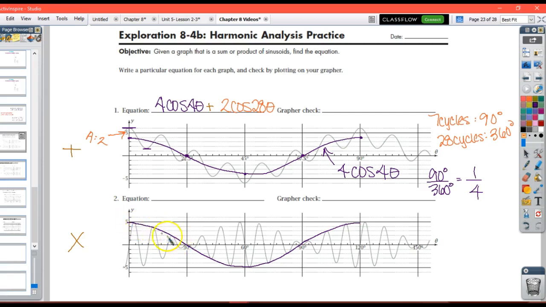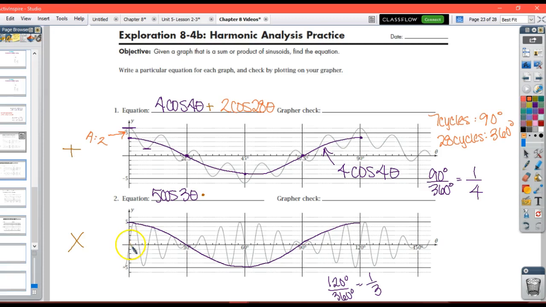Again, I can see that this is cosine since it's not starting at the origin, and it's starting at 5, so it'll be 5 cosine. 1 full cycle takes 120. 120 over 360 means I'm making it a third of the normal size, so this will be 3 theta. We know that we're going to be multiplying since it's the amplitude that's changing. And so now we need to find the equation of this smaller curve.